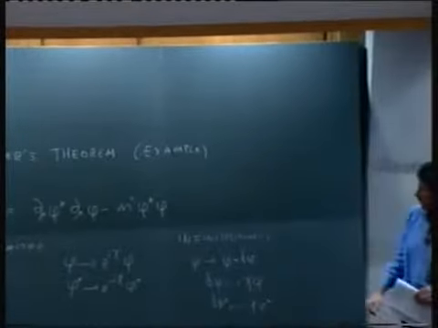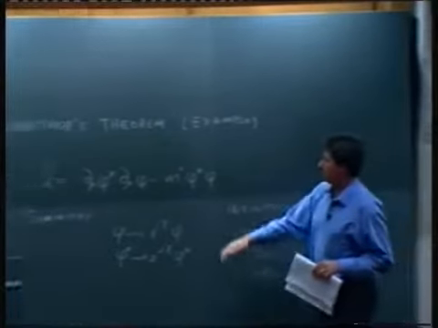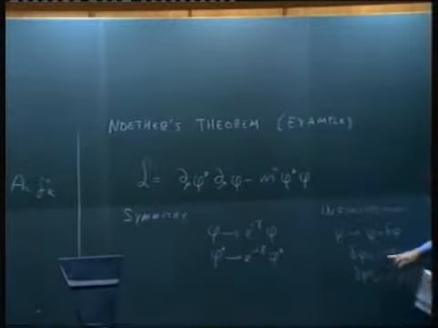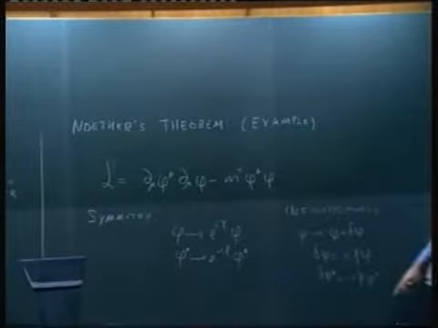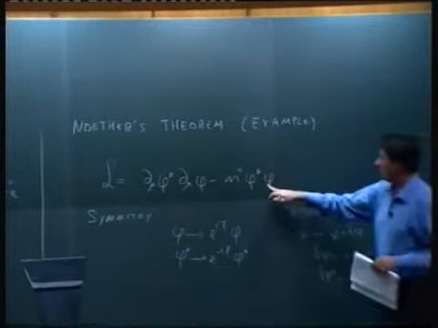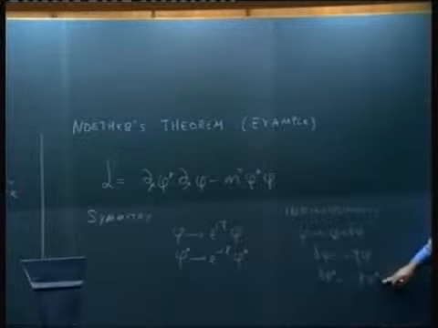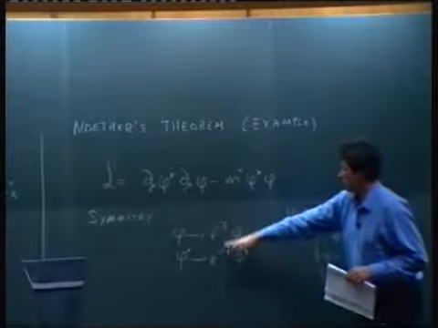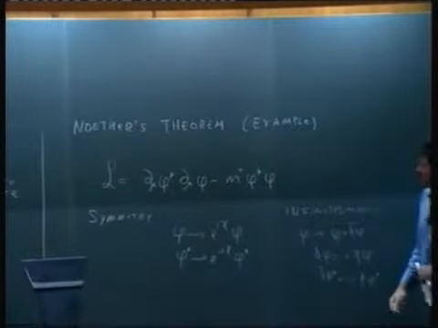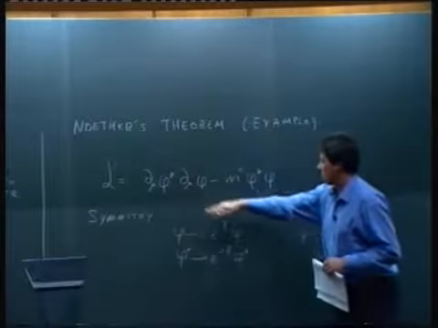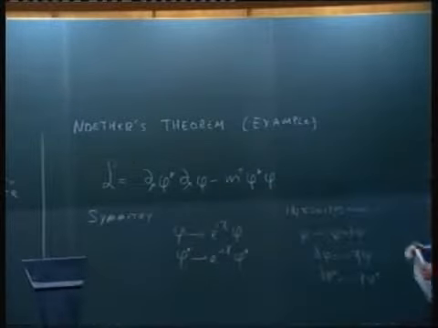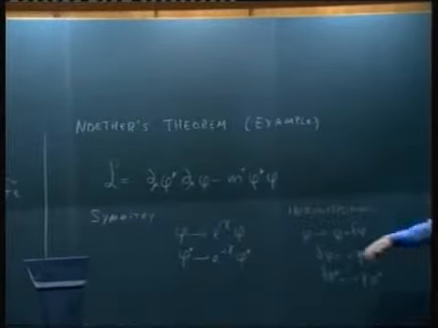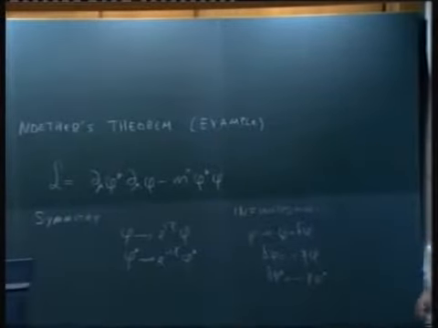And then the only terms that survive are the terms where the derivative acts on the function chi, because if the derivative doesn't act on chi, then these two variations of phi star and phi will cancel out, basically because we already noted that if chi is a constant, then these transformations are a symmetry of the Lagrangian. So it's only when the derivatives act on the parameter chi that we find a non-zero contribution.